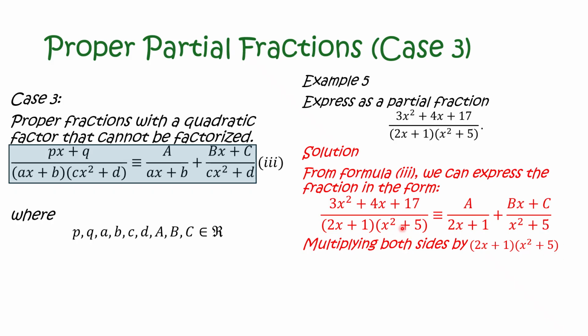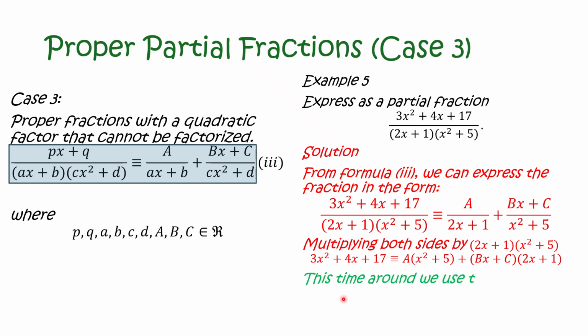We multiply both sides by the denominator of the term on the left-hand side, that is (2x + 1)(x² + 5), because we want to clear the fractions. In doing so, we get 3x² + 4x + 17 equivalent to A(x² + 5) plus (Bx + C) all multiplied by (2x + 1).